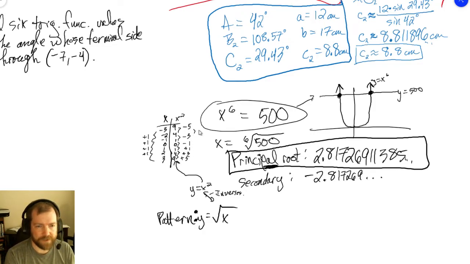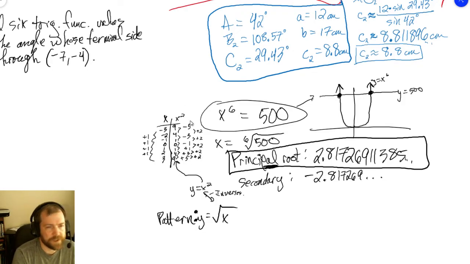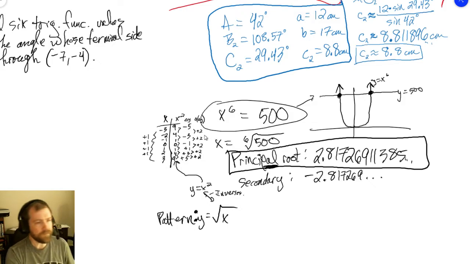So this is +2, +2, +2, +2. So if we're looking at this, this is our change in y, and this is the change in y, which comes in handy later with calculus, but we don't have to worry about that.